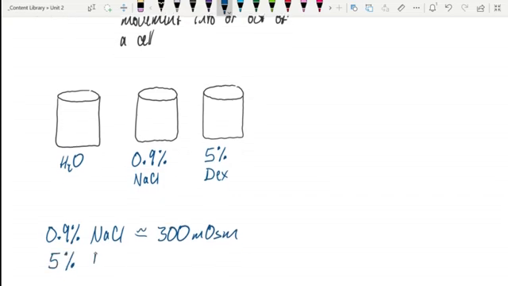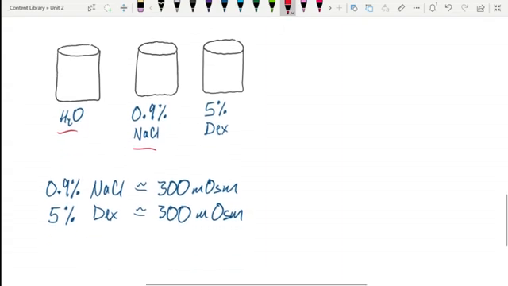Likewise, 5% dextrose is also about 300 milliosmolar. So let's compare water to the salt concentration.